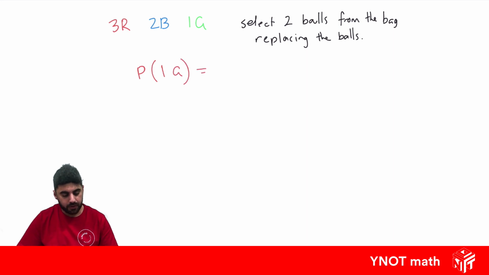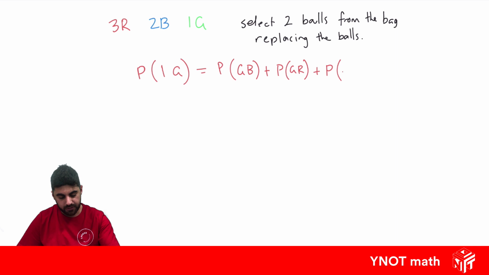So the probability of getting 1 green ball, we can list all the probabilities how that can happen. That would be the probability of picking out a green, then a blue, plus the probability of a green, then a red, plus the probability of a red, then a green, plus the probability of a blue, then a green.